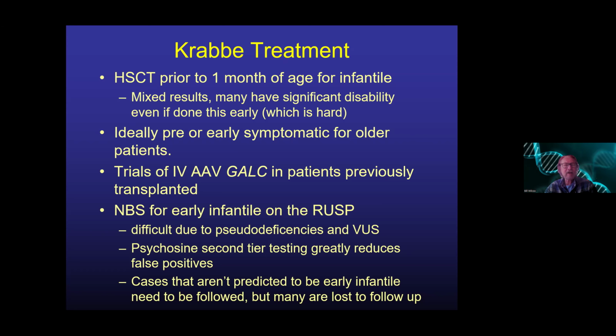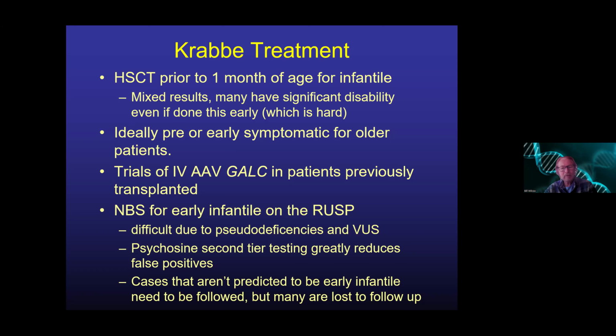And then are you going to have a lower cutoff for cytosine for kids that you're going to follow for something that's later onset? Each individual program has to make that decision because it's not on the RUSP, but you're going to pick them up with low enzyme activity. And if you get a cytosine that's not normal for age, what does that mean, and do you need to follow them up?